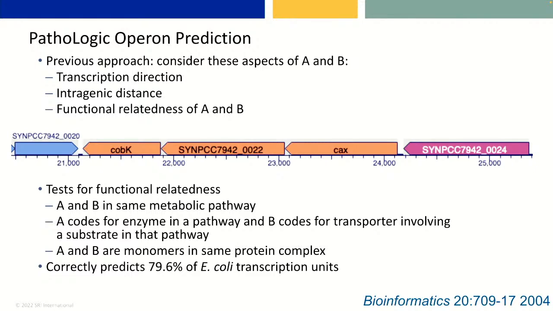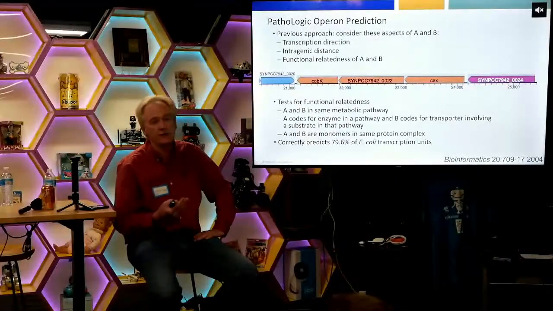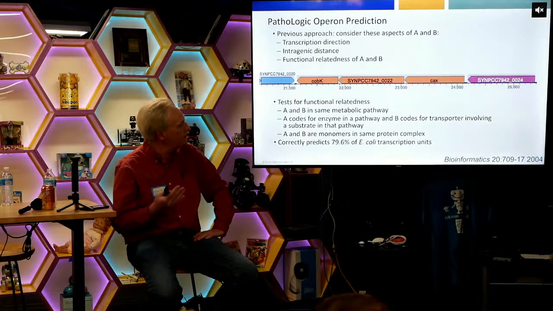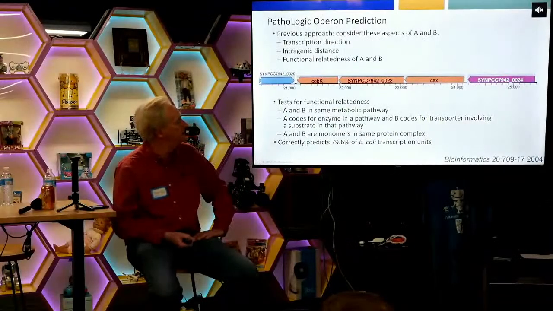And in the original version of our predictor, these are the tests that we used to determine if 2 genes are functionally related. We looked at whether they're in the same metabolic pathway. We looked at whether the first gene codes for an enzyme in a pathway and the second gene codes for a transporter involving a substrate in that pathway.